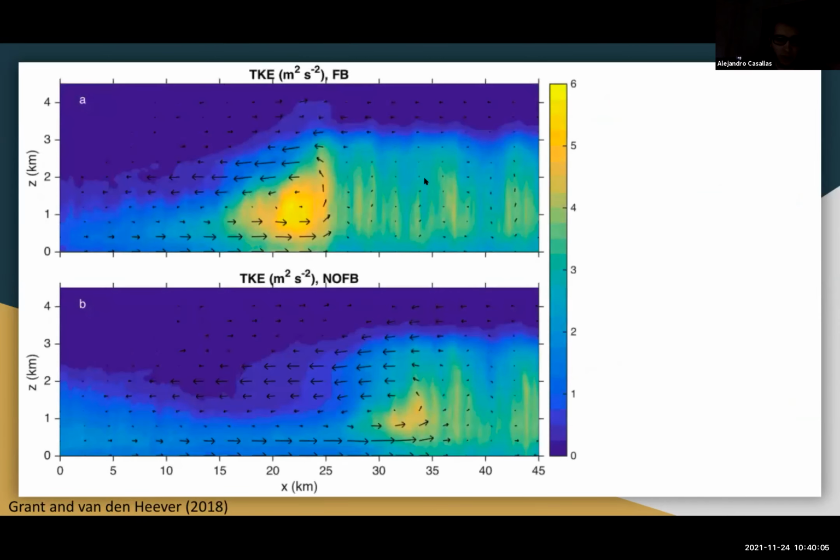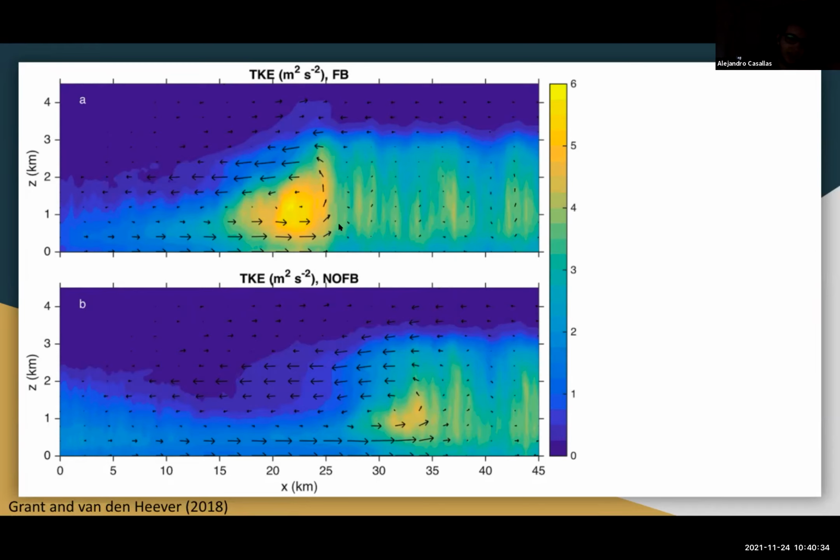So what I want you to see here is a cold pool ring, okay? So these lines are the wind. Here you see also a wind, and this panel is with land, and without land. So without land, the cold pools reach 36 kilometers, but with land, the cold pools get to 25 kilometers.